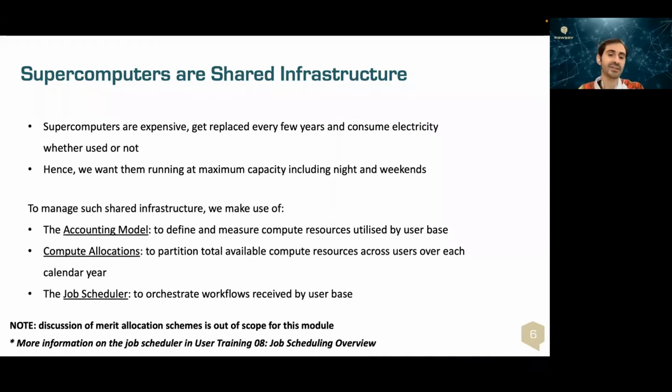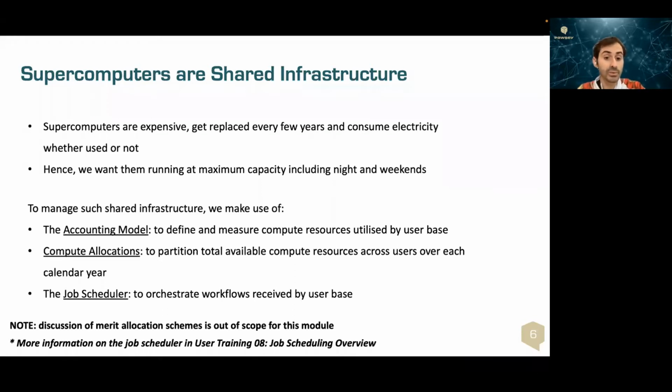To manage the sharing of this infrastructure, we make use of a few tricks and strategies, let's say. So one is the accounting model, which is used to define and measure the compute resources that are available and get used in the supercomputer. The other one are the compute allocations, which are a way to allocate these available resources to the users that got access to the system.